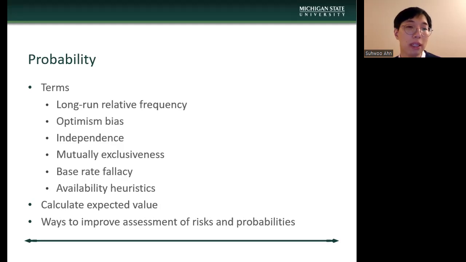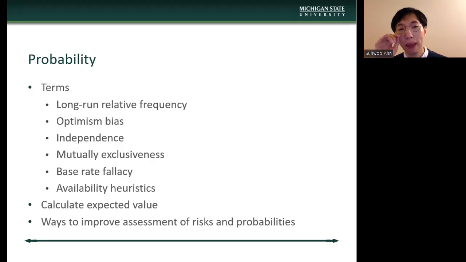Optimism bias is one's tendency to overestimate the likelihood of positive events, but underestimate the likelihood of negative events.